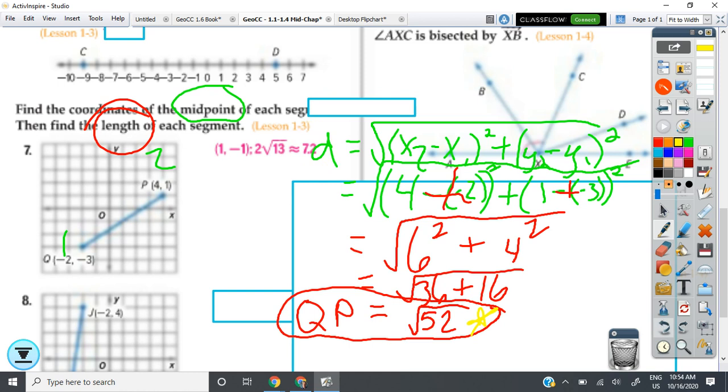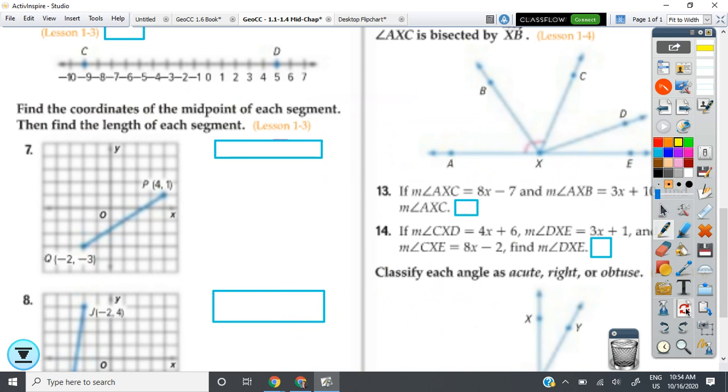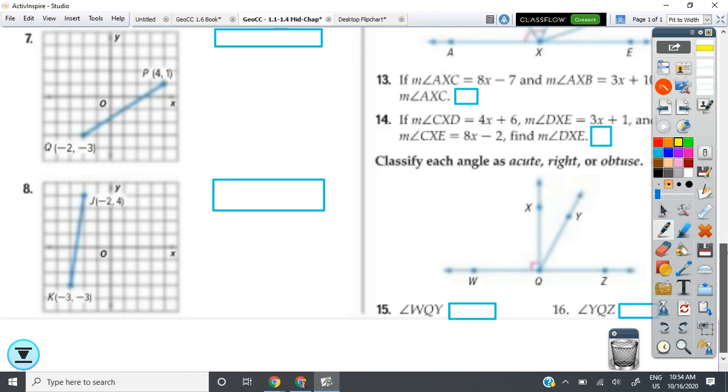That equal sign up here is wavy. That means we rounded it. In your calculator, you're going to get a much larger number. Okay. I'm going to let you guys work on number 8 on your own. I'm going to skip it. It's the same format, just some different numbers.